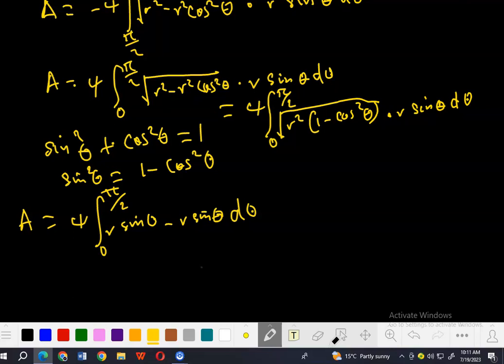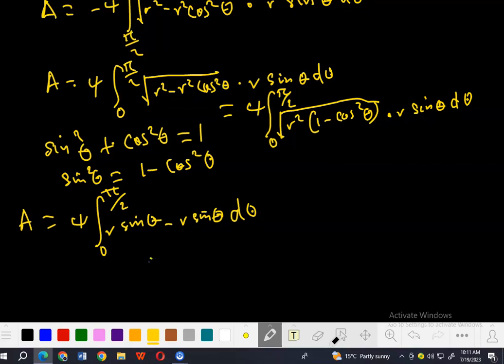When you do this now, you will observe that we are done with the square root, because you can simply take this 1 minus cos squared theta, divide by 2, in order for us to remove that square root, so that we have r sine theta times r sine theta d theta.